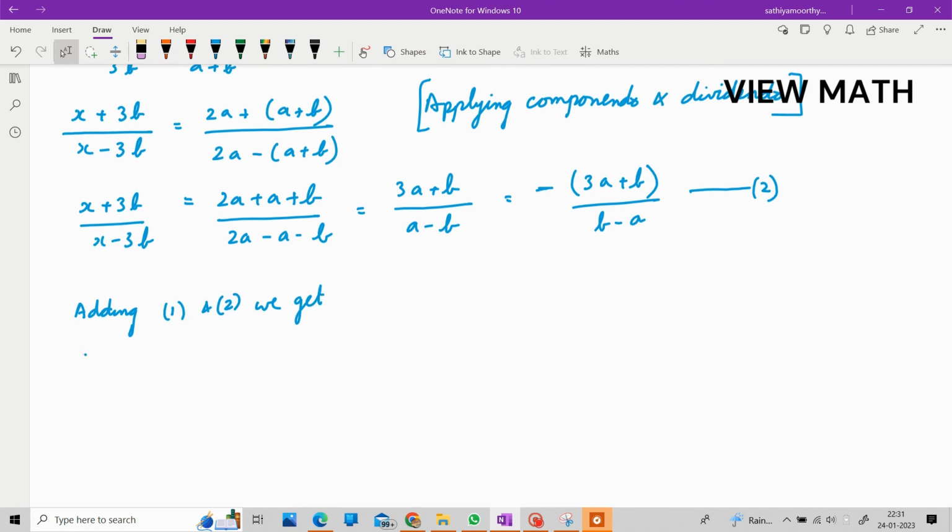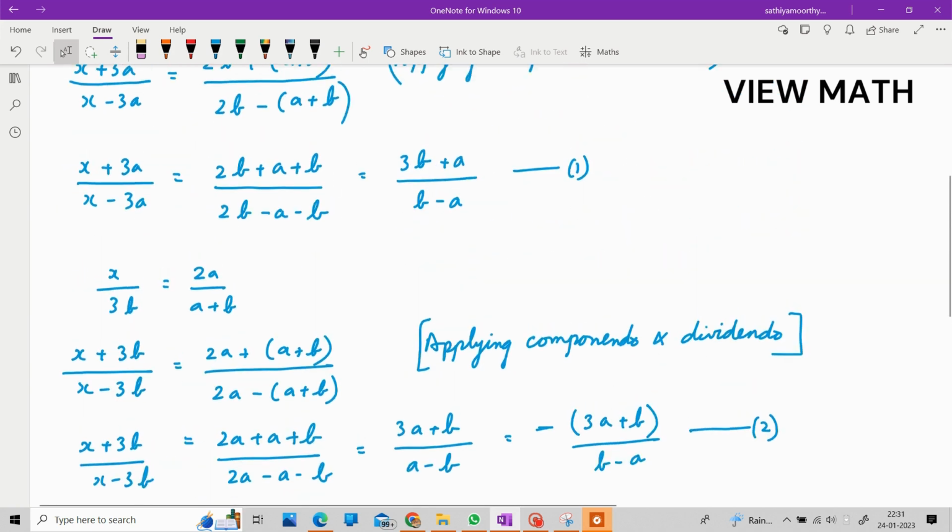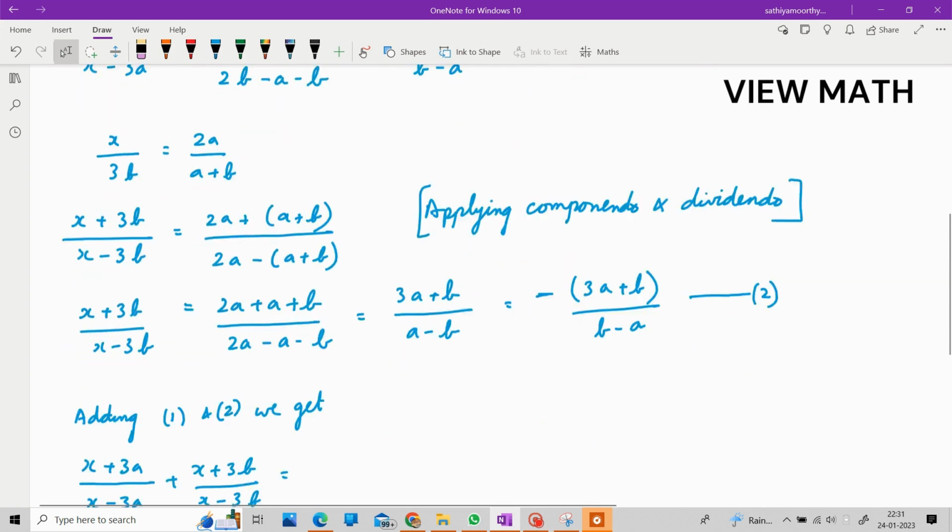left hand side is (x + 3a)/(x - 3a) plus (x + 3b)/(x - 3b) is equal to, I am going to add the right hand side. Right hand side, the first equation is (3b + a)/(b - a).